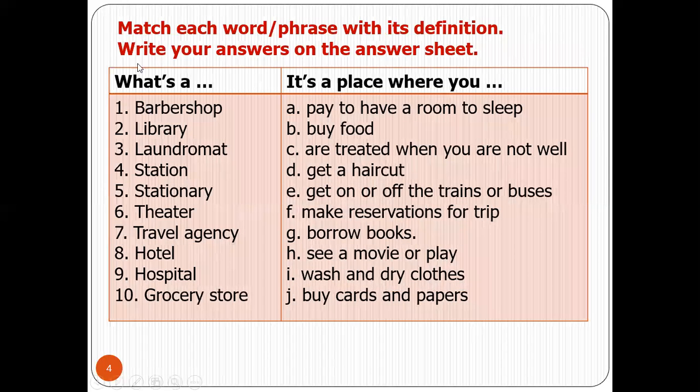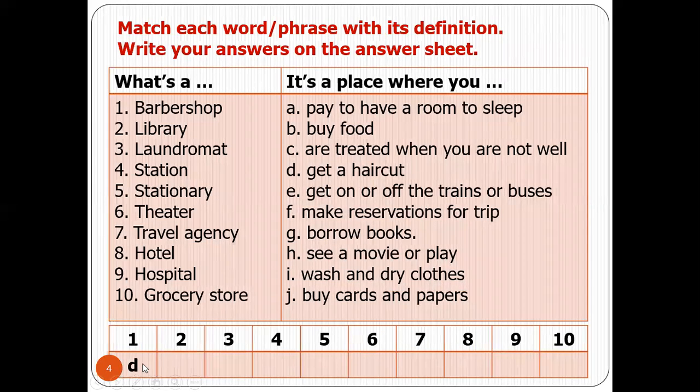So now I would like you to match each word or phrase with its definition and write your answers on the answer sheet. For example, a barber shop goes with which letter? Can you answer? Yes? So it goes with letter D, a barber shop. What is a barber shop?